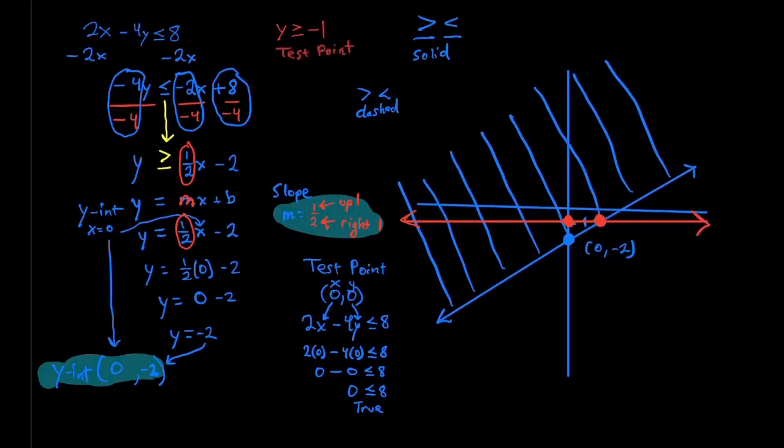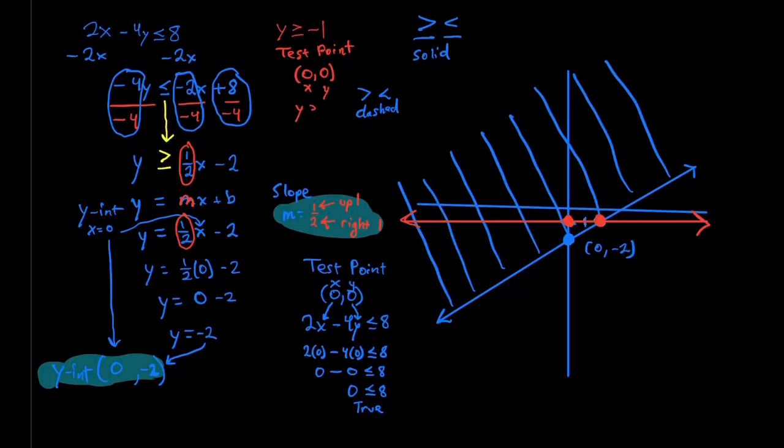If you do want to use a test point, that will also work. You'd still pick 0, 0, because if you can pick that one, that's the best one you could pick. And we can pick this because the origin is right here, and the line is under it. It's not going through the test point. So then, this is x and this is y.